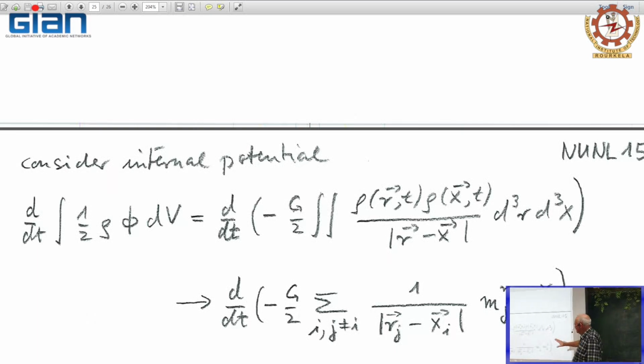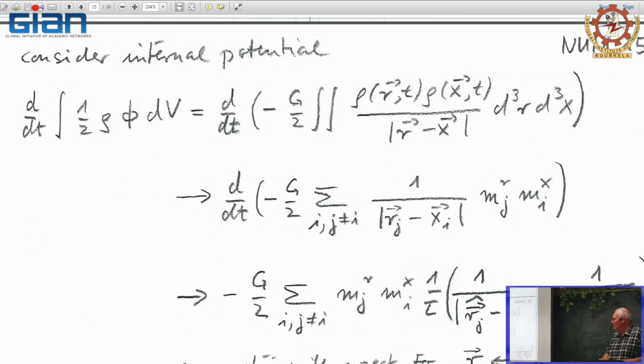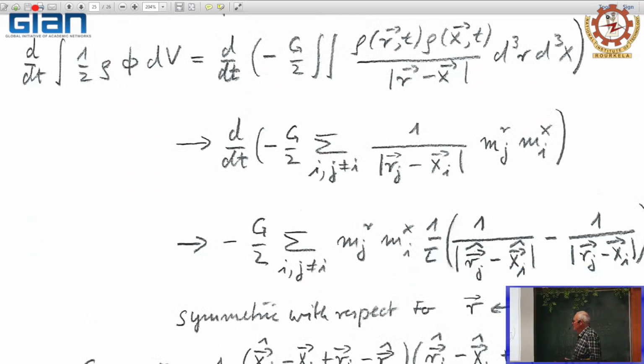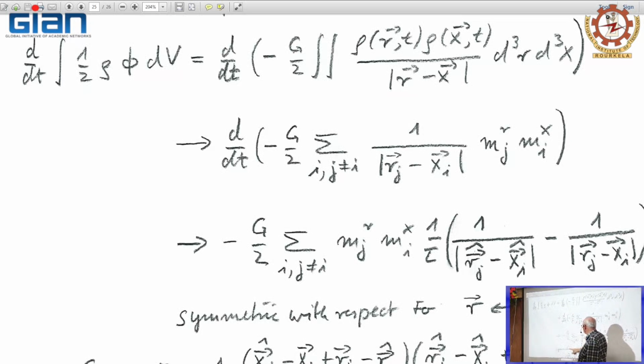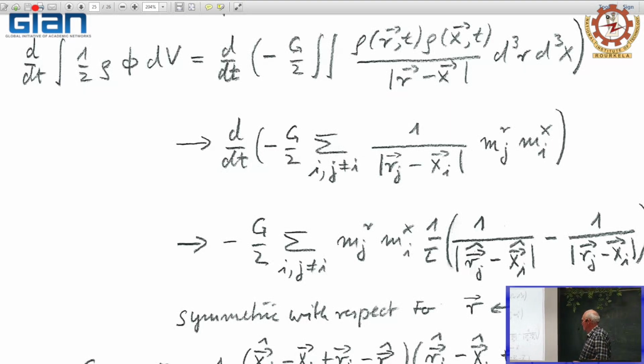This is the discretized form of this double integral, and now we apply d by dt. According to the definition of the time derivative, it is minus G halves, sum over m_j m_i, of 1 over the modulus of the difference between r_j and x_i at the new time step minus the same value at the old time.